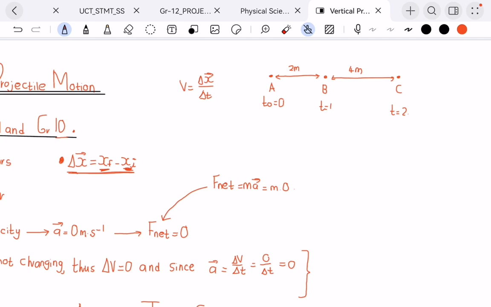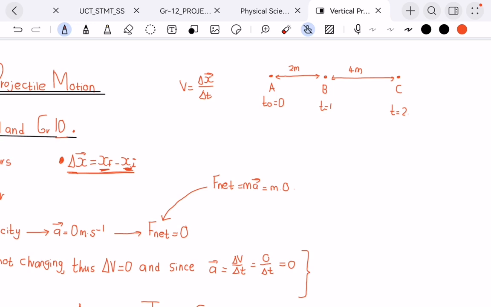So what the velocity tells you is how much your distance is changing, like how much your displacement is changing over time, meaning how fast you are going, basically, because if you are covering a larger distance in 1 second, let's go to this example again. So this person was moving from A to B. He covered a total distance of a displacement of 2 meters, because remember, displacement is about the change in position, right?